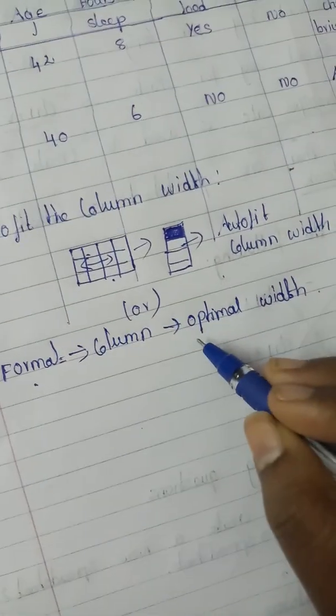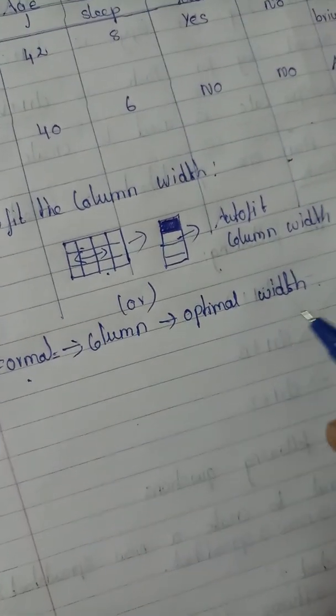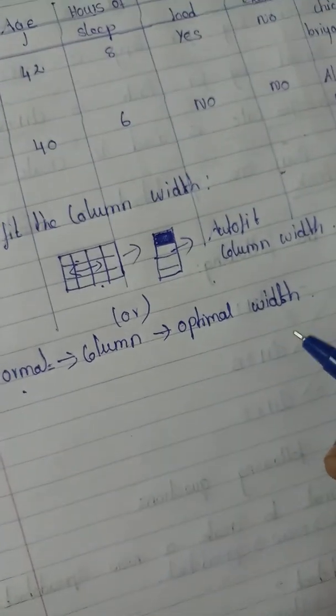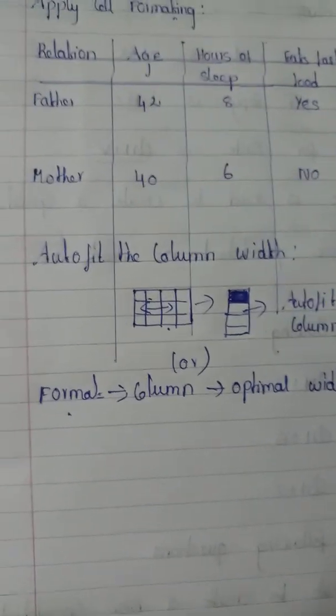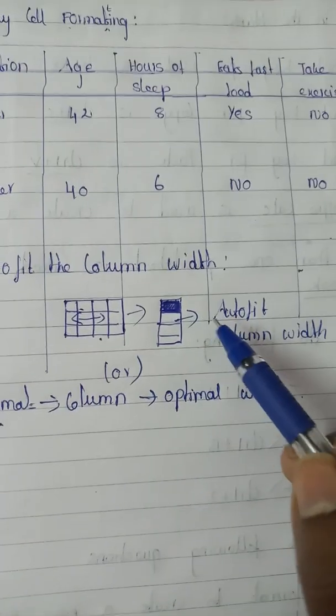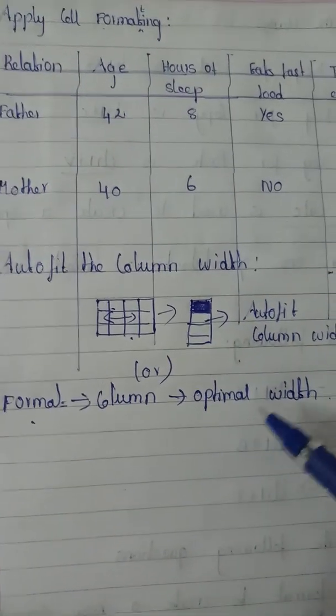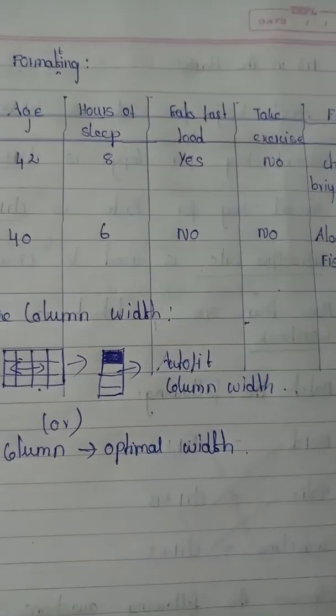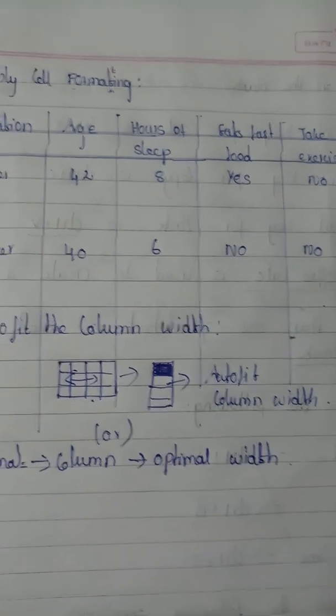You need to click that column and then a sublist will display. In that you need to click optimal width. This is the procedure to auto fit the column width. You can use this method or else use that method. Before using this method, you need to select that particular column.